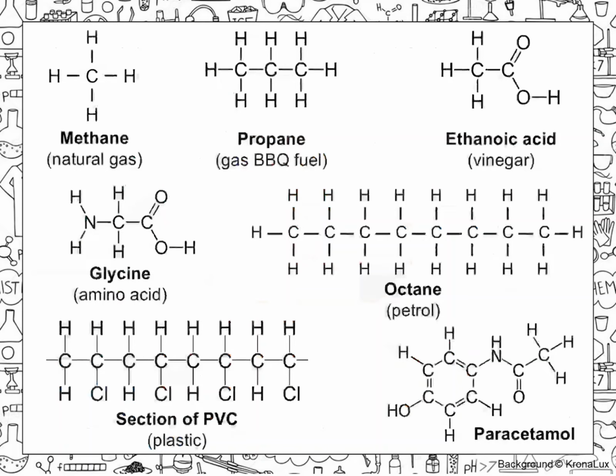Now, if we look at these molecules, these are all examples of organic chemicals. Have a look at those chemicals and try and work out what they all have in common. If we look at those chemicals, all of the chemicals have got carbons in the middle.